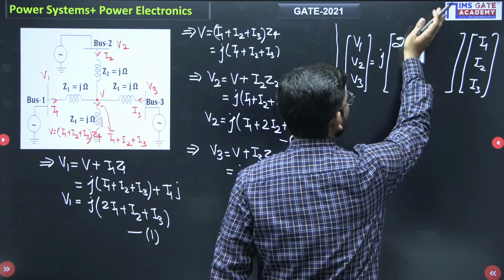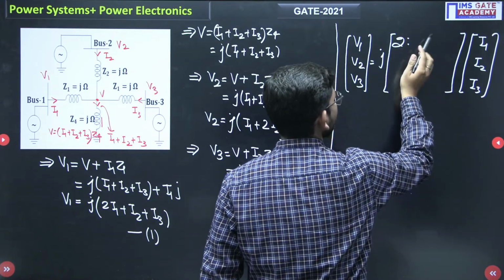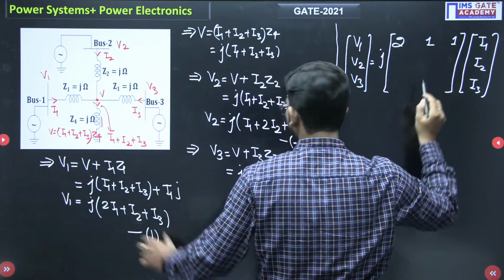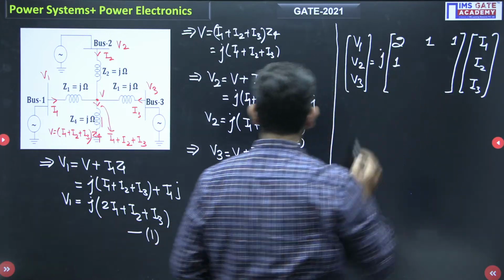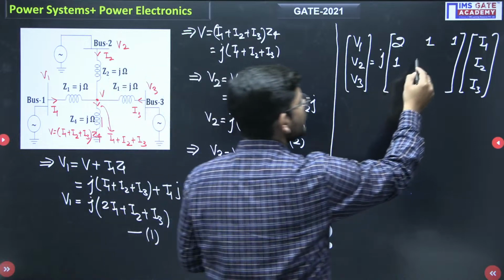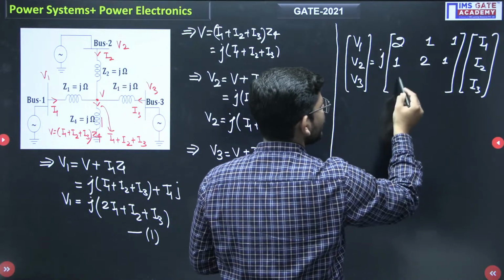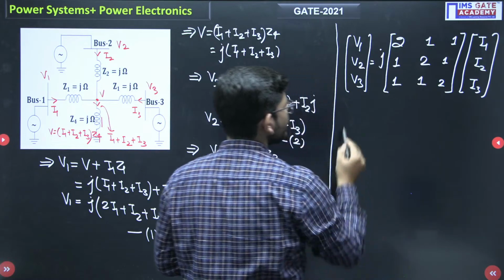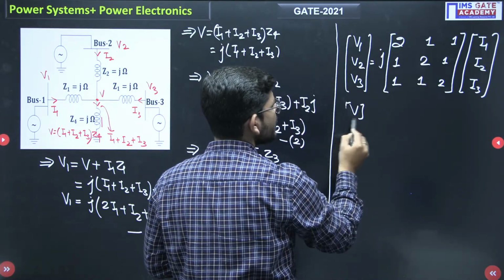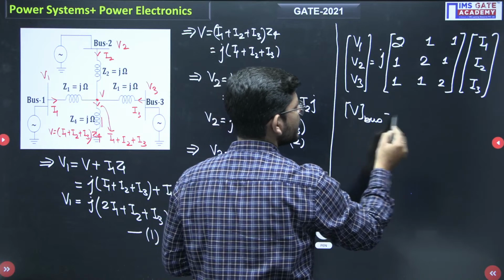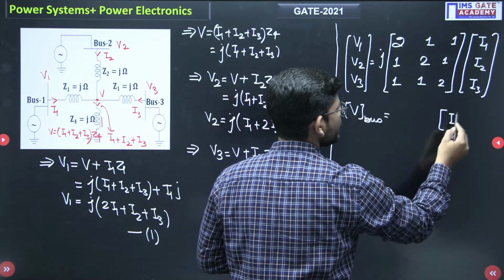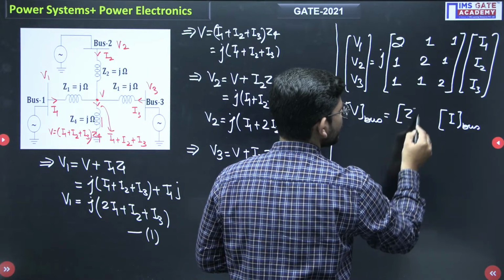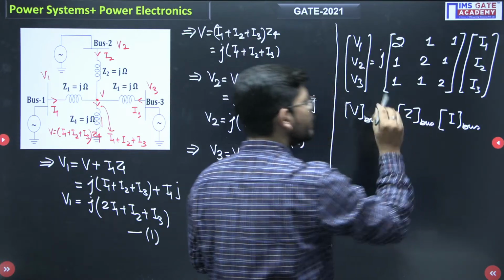It will be simply 2, 1, 1, then 1, 2, 1 from this equation, and J we have already taken out, then 1, 1 and 2. Just see what we have written here. These are the bus voltages and these are the bus currents. Then this represents the Z bus matrix.